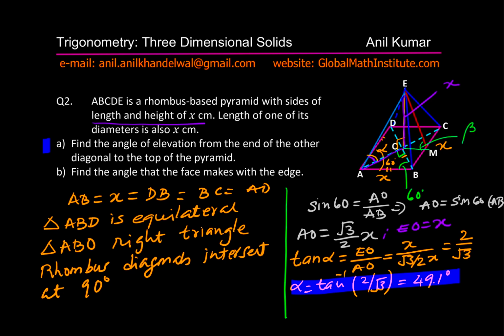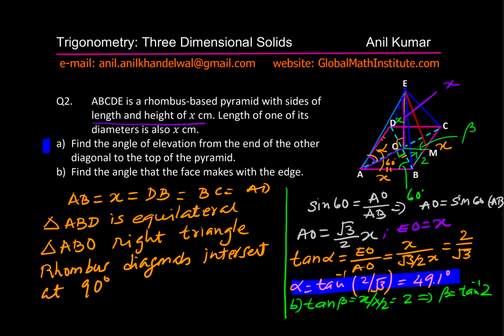Again, we know the height, which is x, and this side is half of x, x by 2. So you can use the tangent ratio. For part B, tan beta equals x over x by 2, or 2. That gives you beta equals tan inverse of 2.